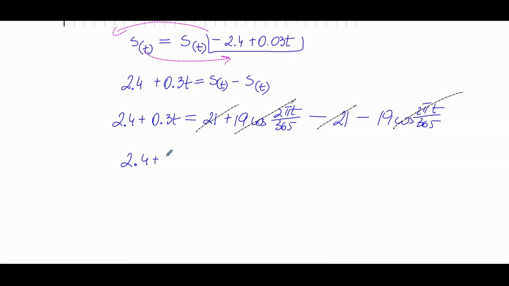I have 2.4 plus 0.3t equals 0. I move 2.4 to the other side because I want to find the value of t. Therefore, I change the sign. And last thing, because I want t, not t multiplied by 0.3, I divide both sides by 0.3. I put that in my calculator and I get my answer. I've noticed my mistake.